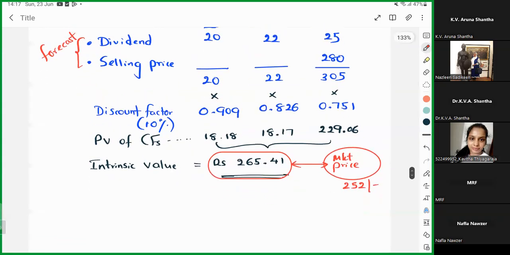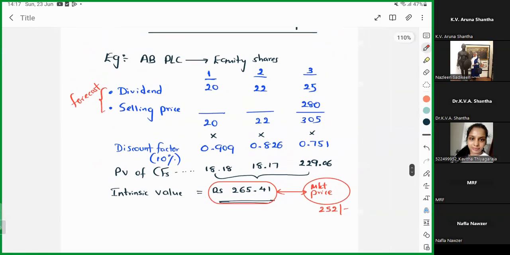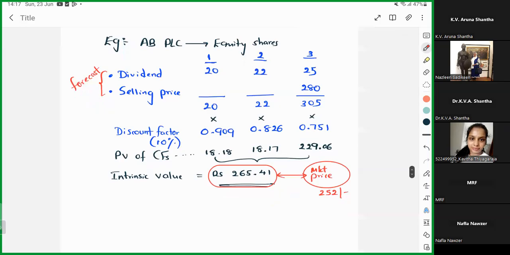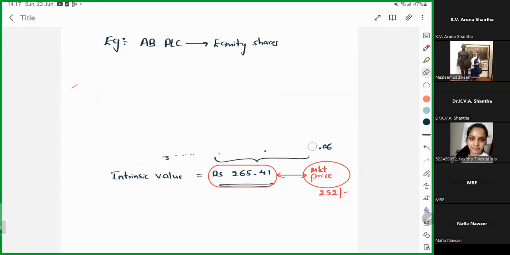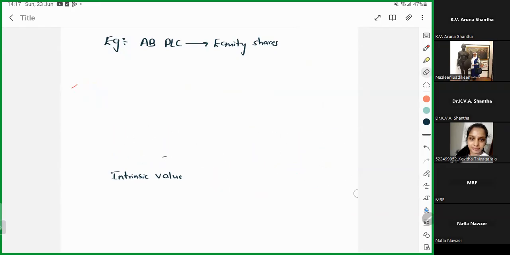Now, let's say the same example. You are considering investment in this company's equity shares, and you intend to keep the shares for a very long time period.